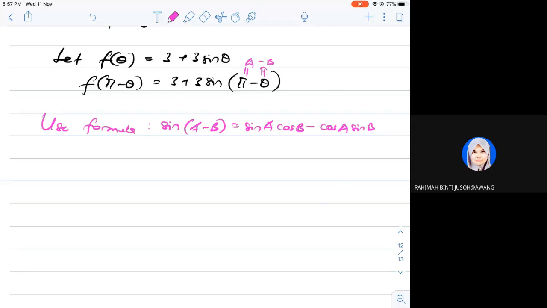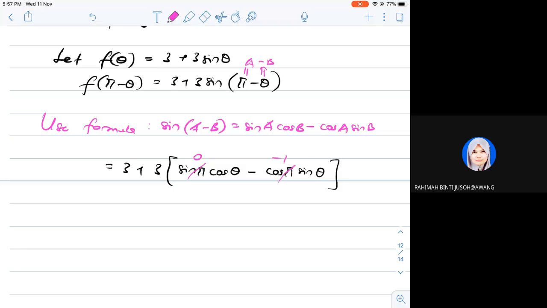Okay? So jom kita start. Equals 3 plus 3 times sin A cos B minus cos A sin B. So A is pi. So sin pi cos theta minus cos pi sin theta. B is theta. Jom. Sin pi adalah 0. Kalau dengan calculator dapat 0 kan.